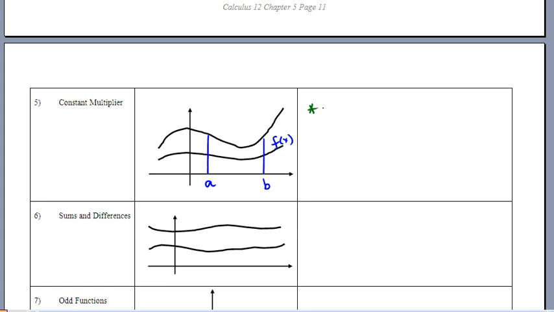So here's the thing. Constants, they just hang around. No big deal.